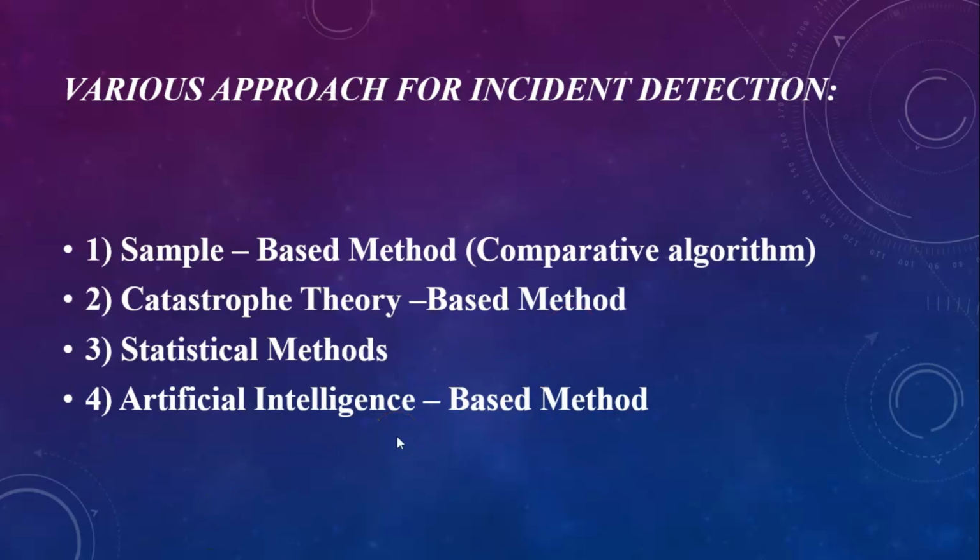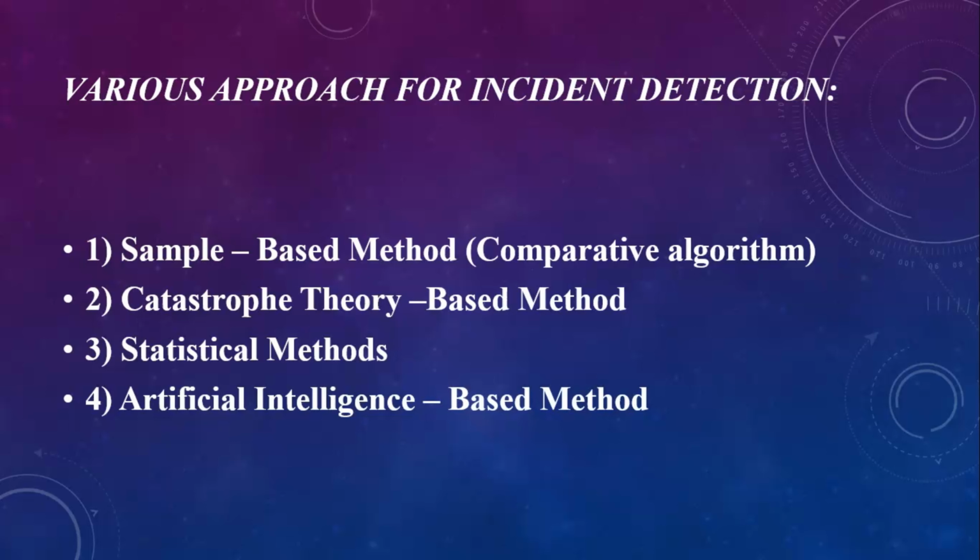So the second approach for incident detection is what we call the catastrophe theory-based method. This theory studies systems where small changes can lead to sudden or dramatic changes in state. It can help model and understand traffic dynamics and traffic occurrence.